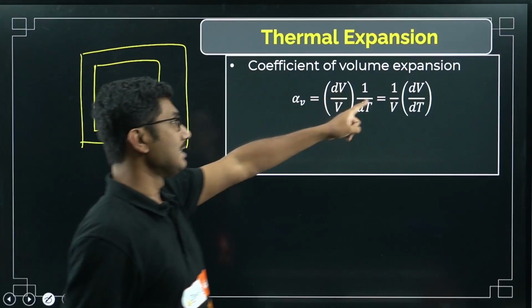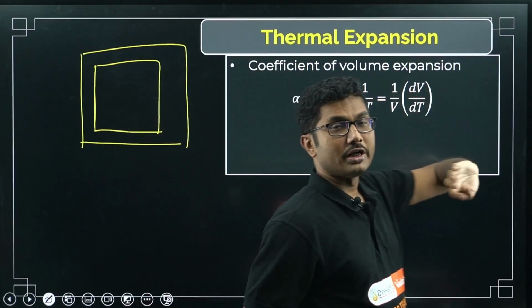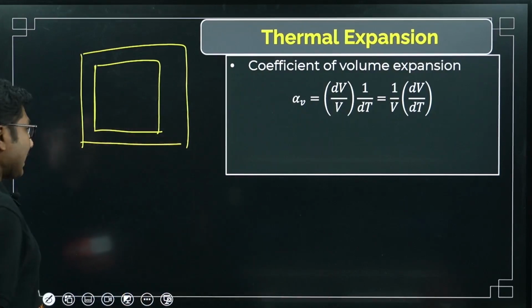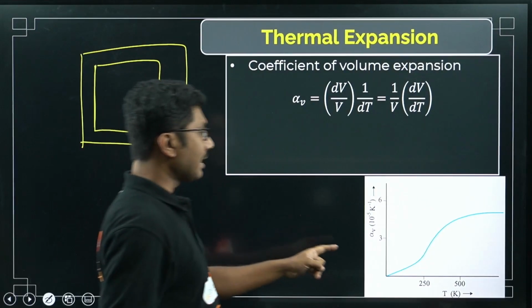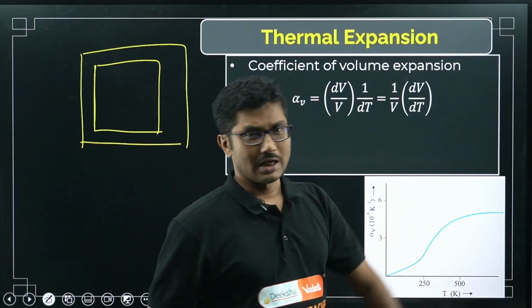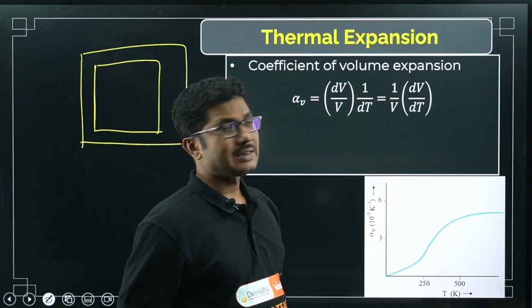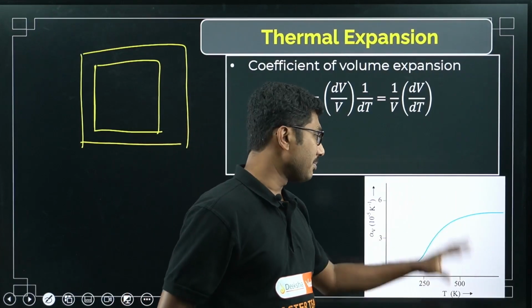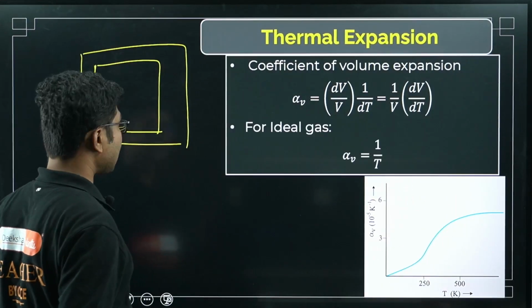This law is general. This is for solid, liquid, gas. It is valid for everything. But for an ideal gas, if you draw the graph of alpha versus T, it looks like this. Sometimes they have a tendency to ask questions based on the graph, so you have to remember this graph. This is slightly important.